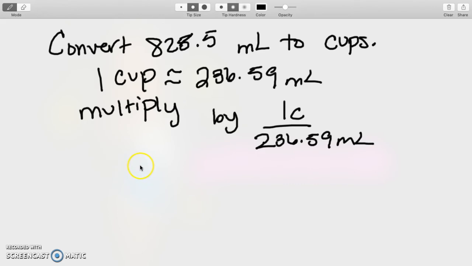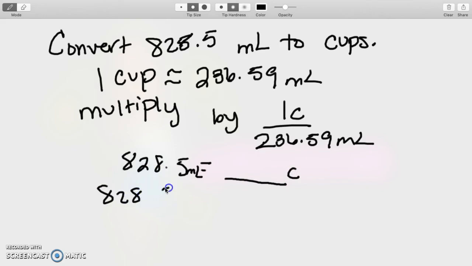Keep in mind, I told you that you are going to have to set up a problem, and if it's already set up like this, 828.5 milliliters equals cups, you're just going to rewrite it and change that equal sign to a multiplication sign.